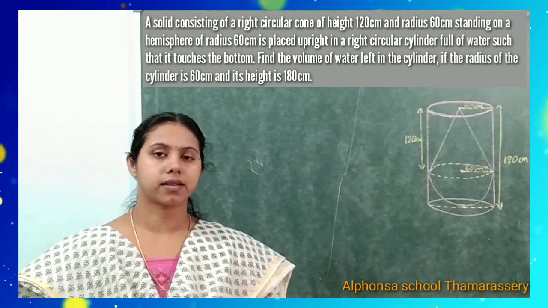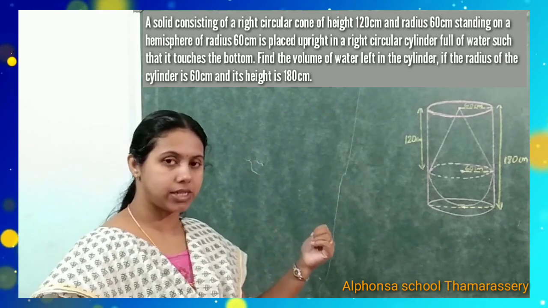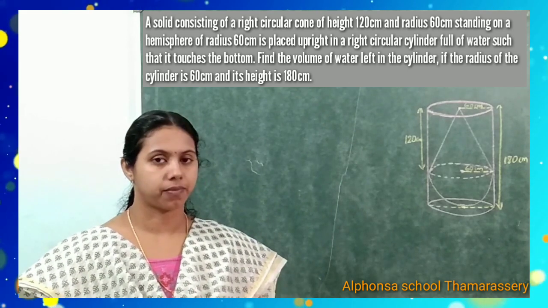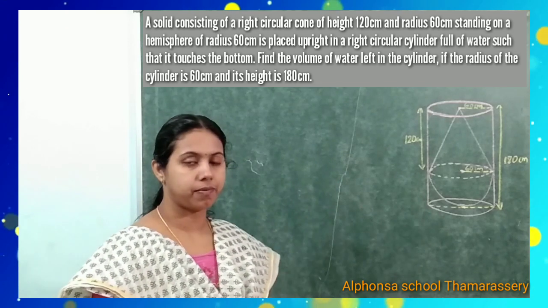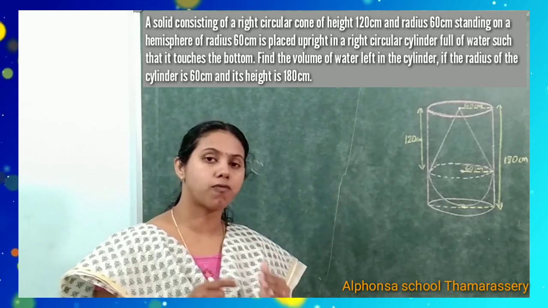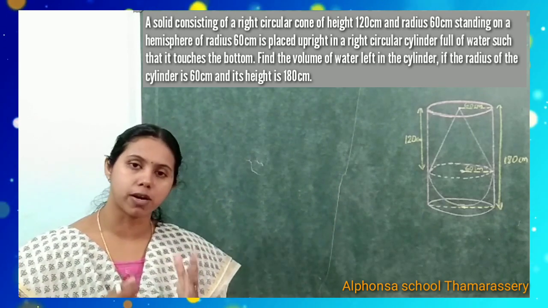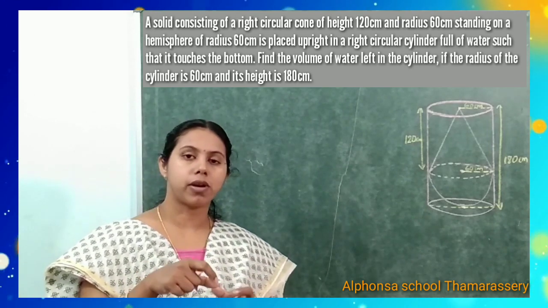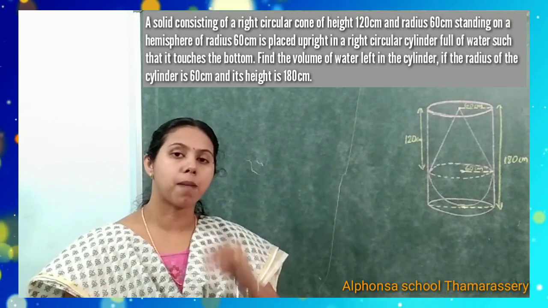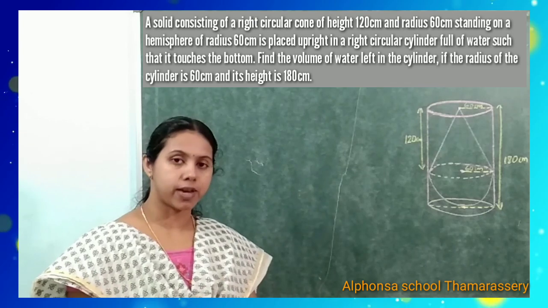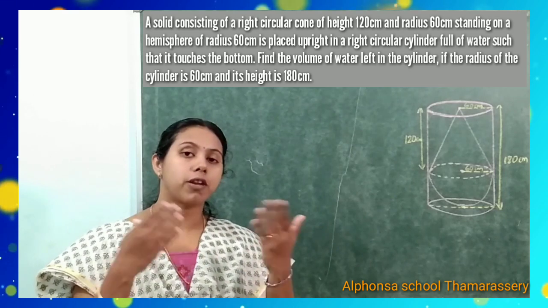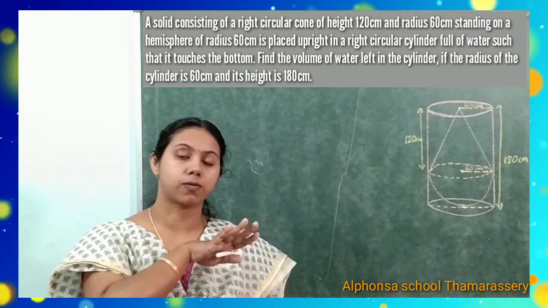When the solid is placed upright in a cylinder, some amount of water will flow out. The cylinder is full of water, so the volume of water in the cylindrical vessel is equal to the volume of the cylinder. The solid is a cone mounted on a hemisphere, and when it is placed upright in the cylindrical vessel, some amount of water will flow out because the cylinder is full of water.